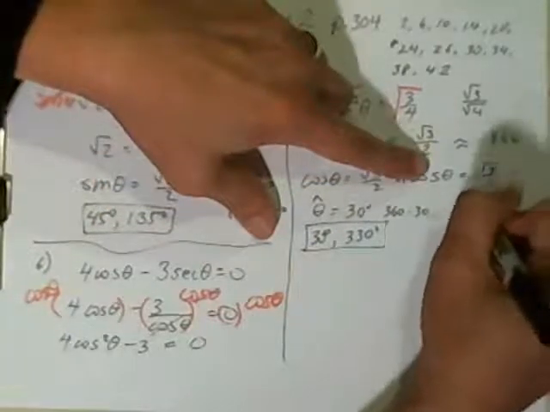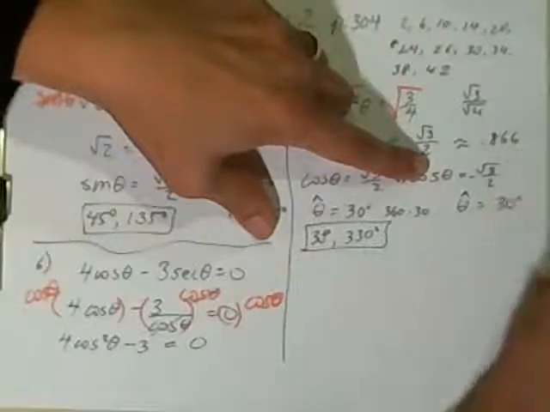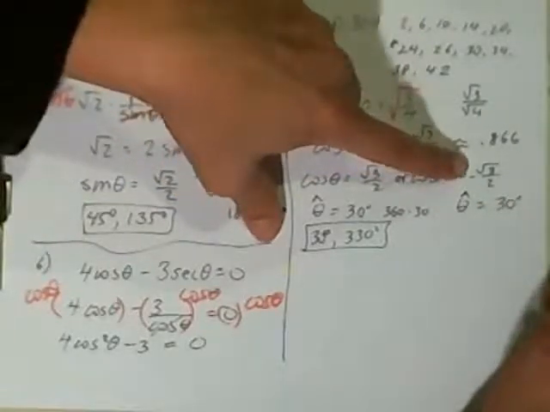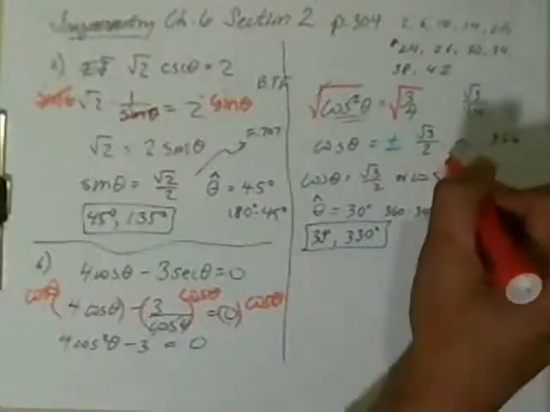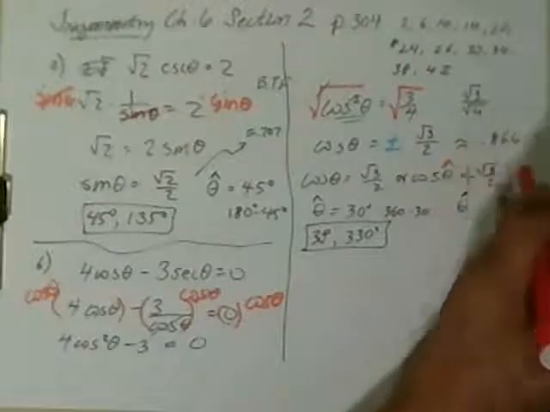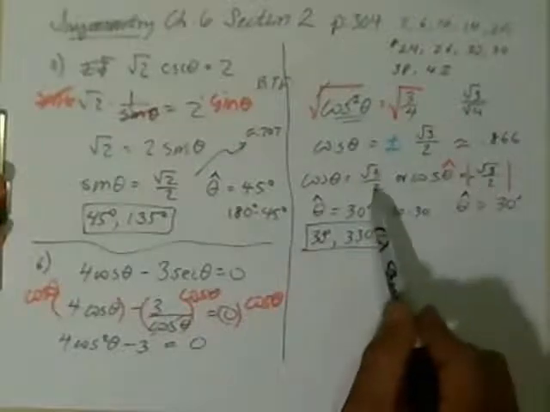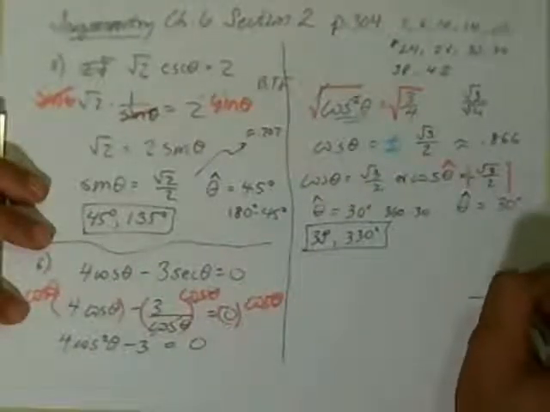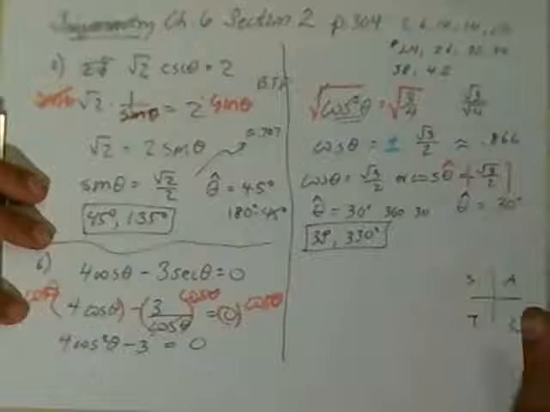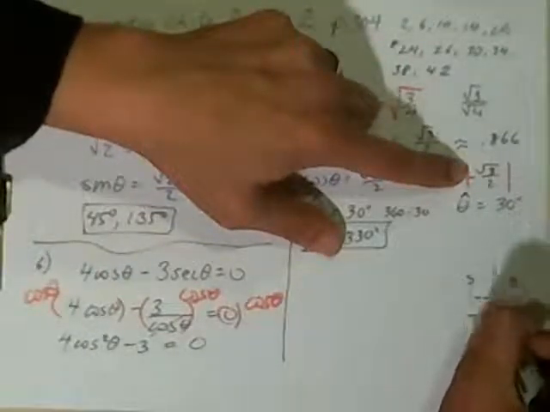The other one is equal to negative root 3 over 2. We know that the reference angle is 30 degrees again. This time it's negative. If you're not quite sure, to find theta hat, we take the absolute value of that. So cosine of that angle is equal to positive, just like this one. The reference angle is 30. We know from all students take calculus that the cosine is negative in quadrant 2 and quadrant 3.